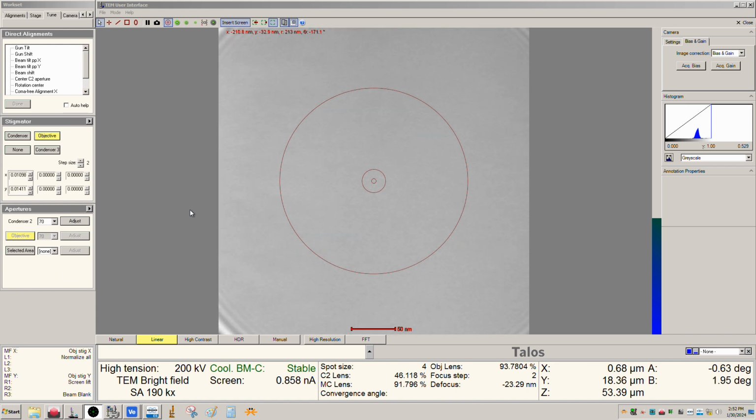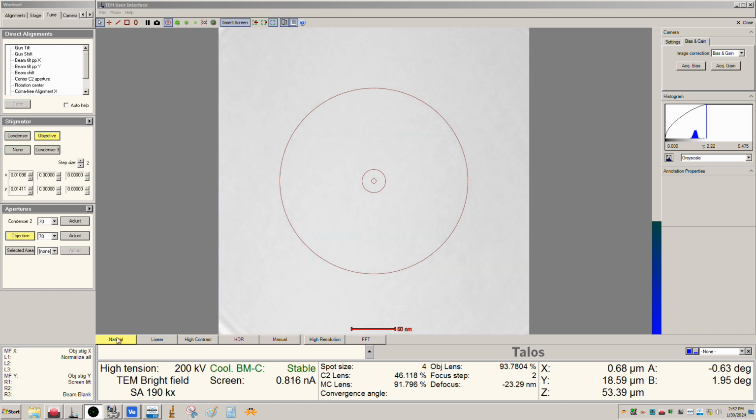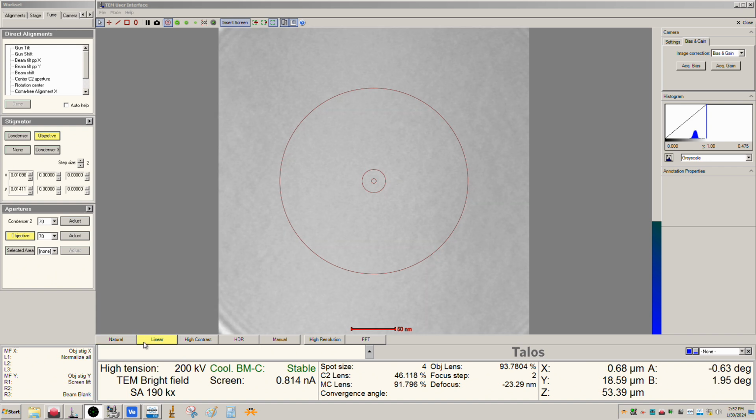Let me see here. Well, I guess since I can't see those holes anymore, I guess we'll just have to.